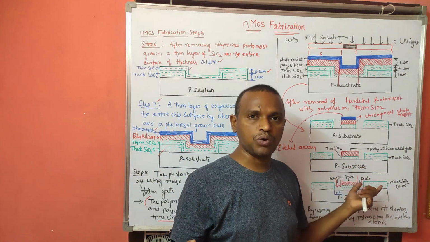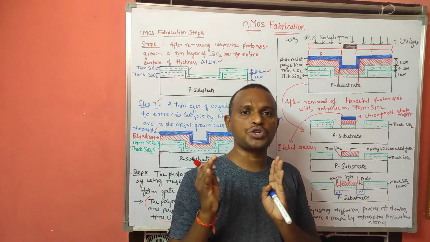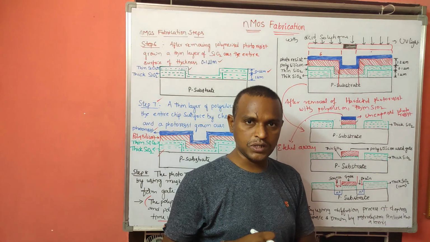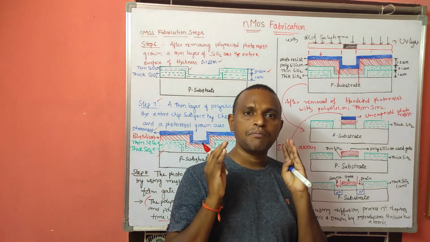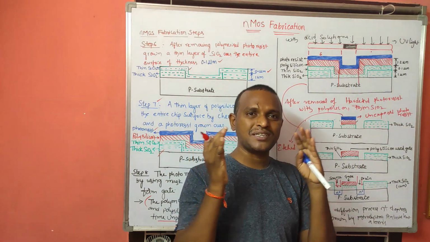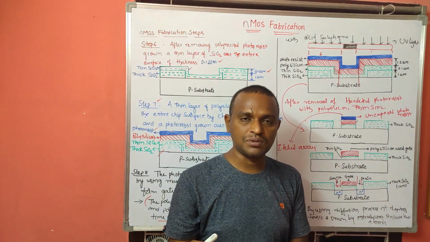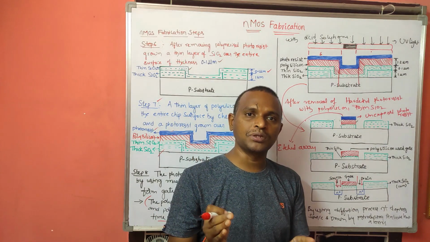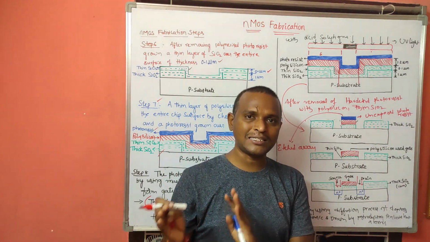For that purpose I am using the diffusion process, and I am sending the pentavalent atoms like phosphorus, arsenic, antimony and bismuth to form the N plus source and N plus drain.